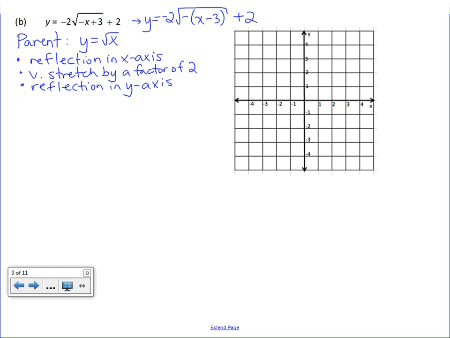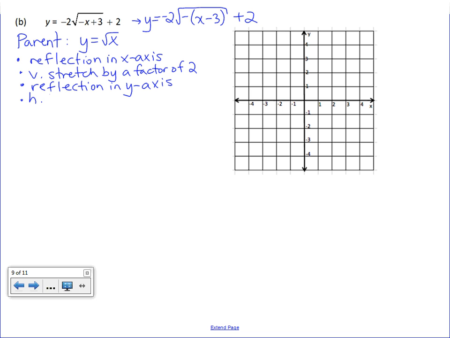So is there anything else I have to worry about with k? No, because it's just -1, and 1 doesn't affect anything, we don't have any stretch or compression. The next thing I'm looking at is the d value. What is that telling me?